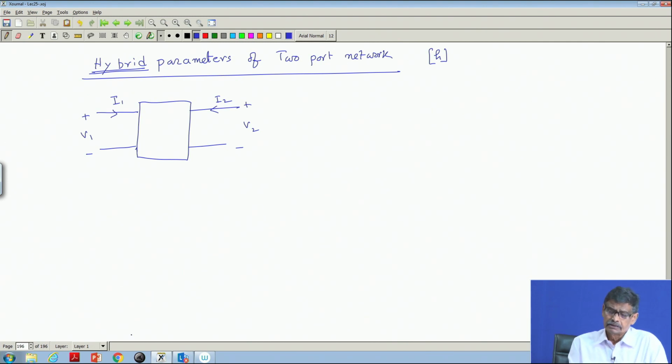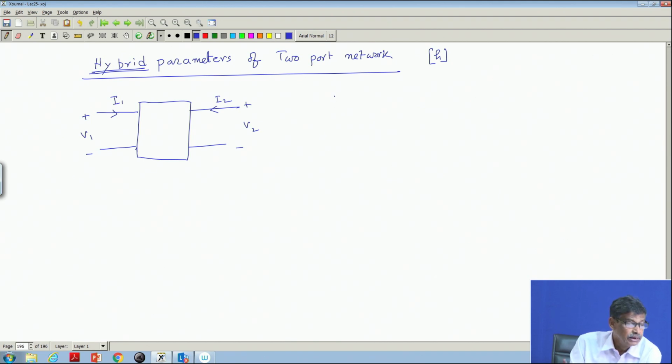Same network, and this can be written in terms of impedance parameters, it can be expressed I 1, I 2 can be expressed in terms of admittance parameters. Similarly, those are the basic equations.